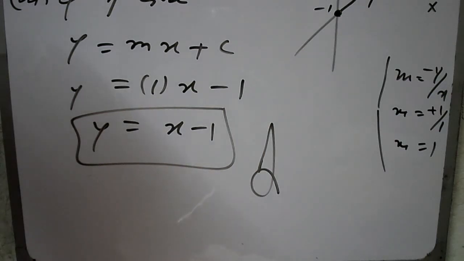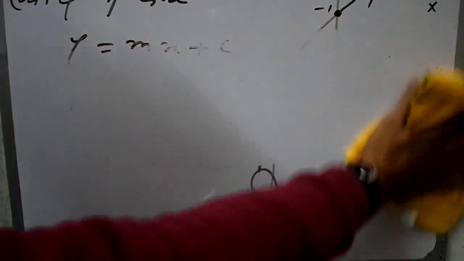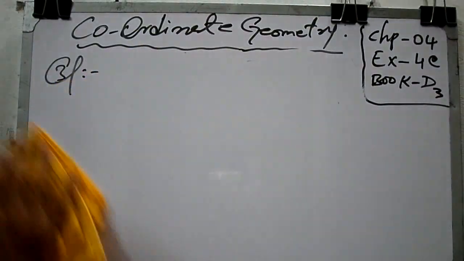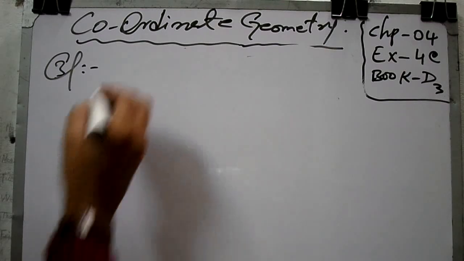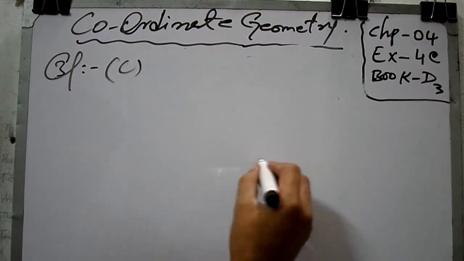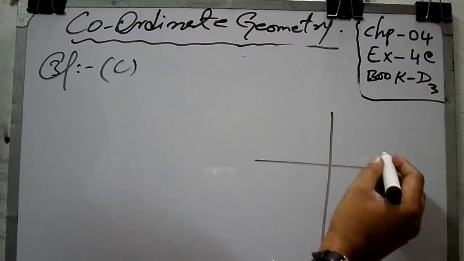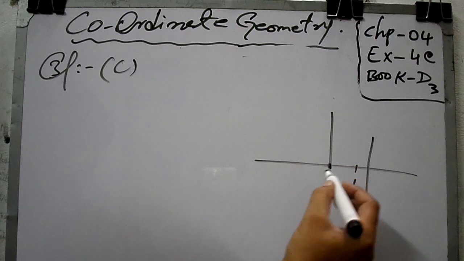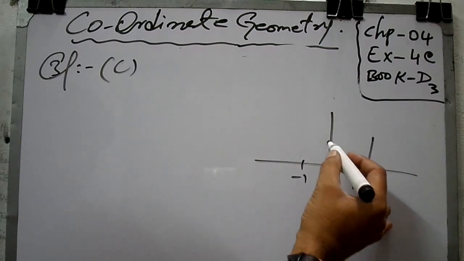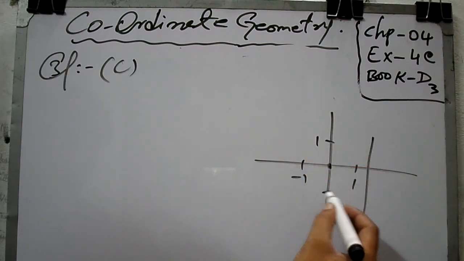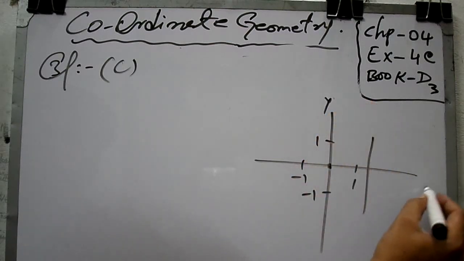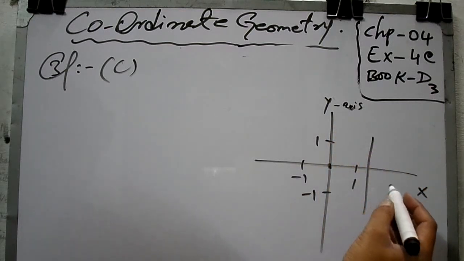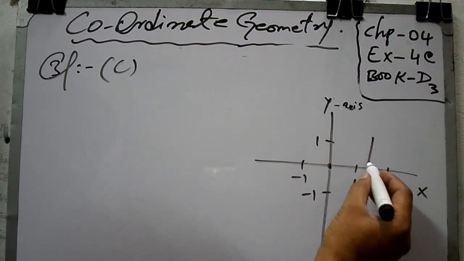Similarly, you can see in part C, the line exists like so. Here is 1, -1, +1, -1 on the y-axis, here is your x-axis, and the line lies between 1 and 2.